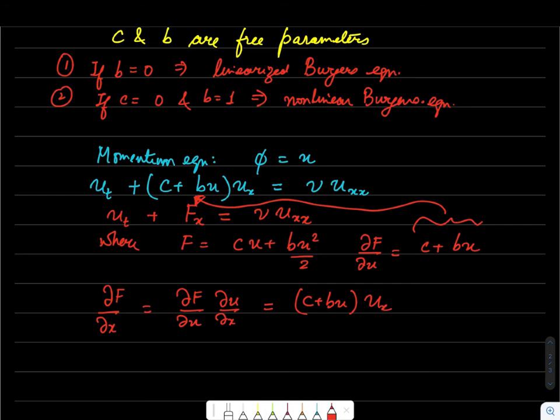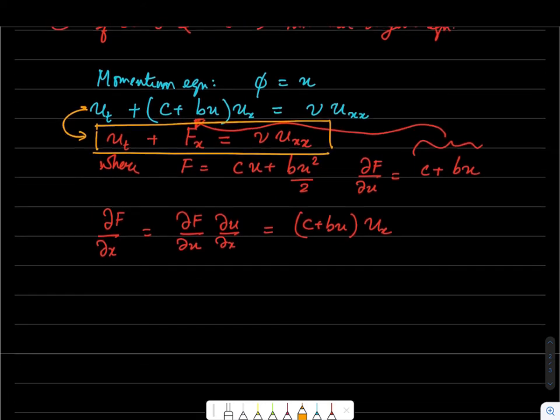So this equation that I'm proposing here is actually the same way of writing this equation. So they are interchangeable. Now what I'll do is I'll represent df/du by a number a for convenience.